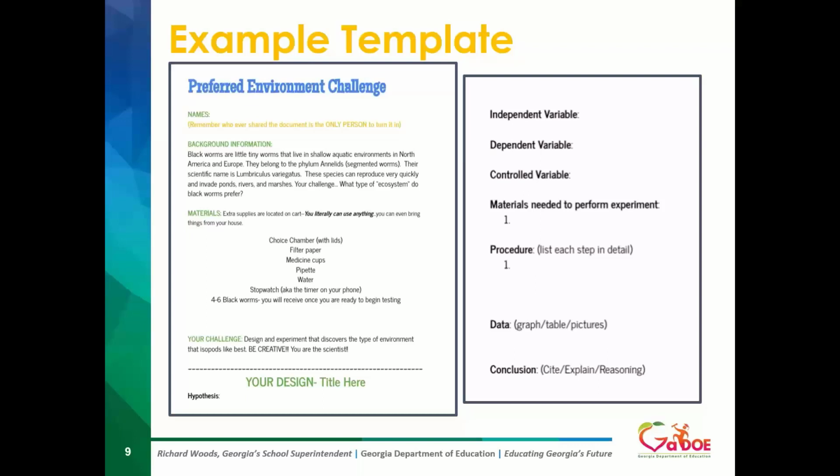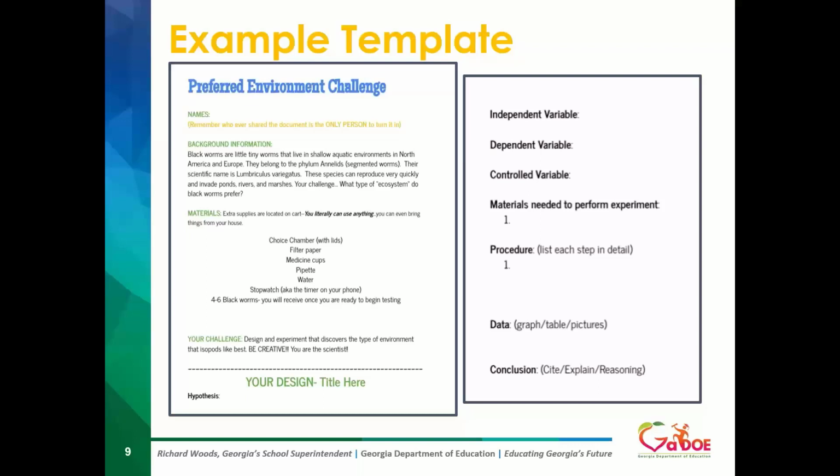And so their goal was to design an experiment and figure out which ecosystem or preferred environment the blackworms preferred. At my school, we have these things called choice chambers where you place organisms in the center and they pick which side to go to. But if you don't have choice chambers, you can get super creative with this.